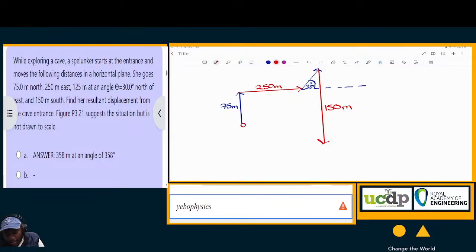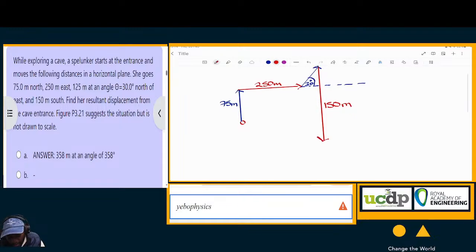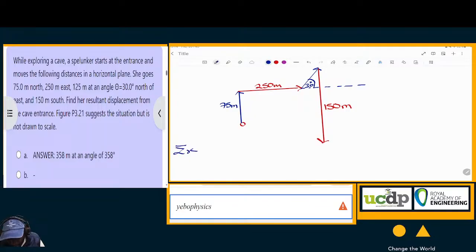So we're going to sum up the displacement in x and sum up the displacement in y. The sum of the displacement in x will be equal to, so this 75 meters is in the vertical direction and it has no component in the horizontal direction.